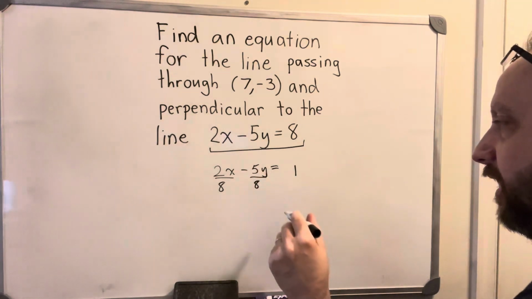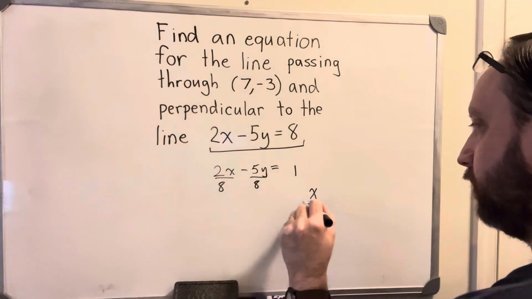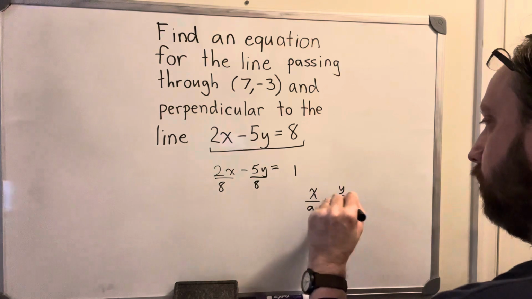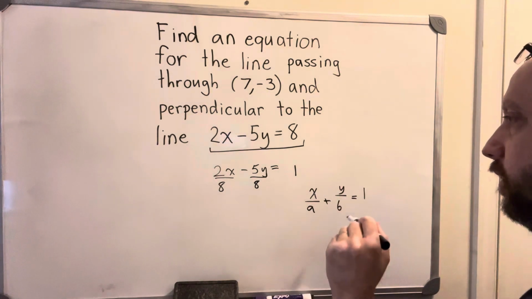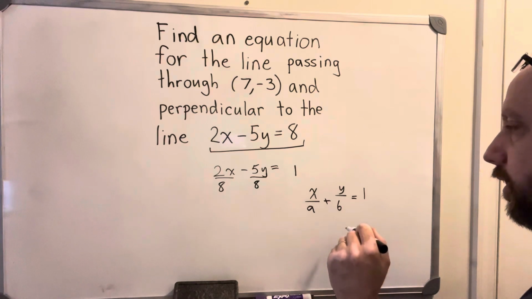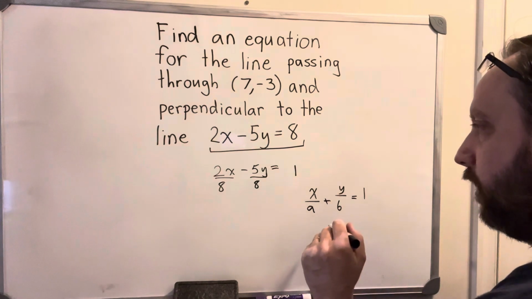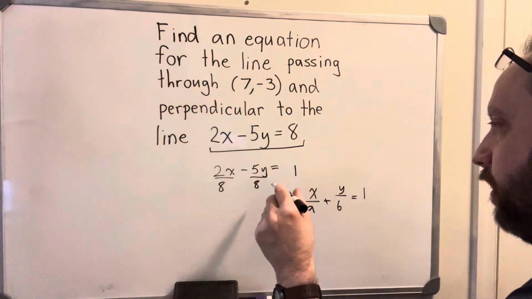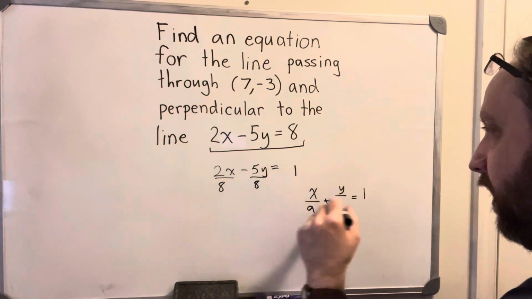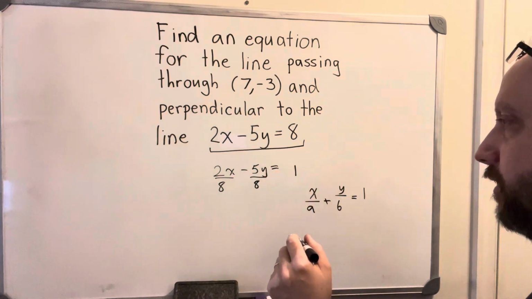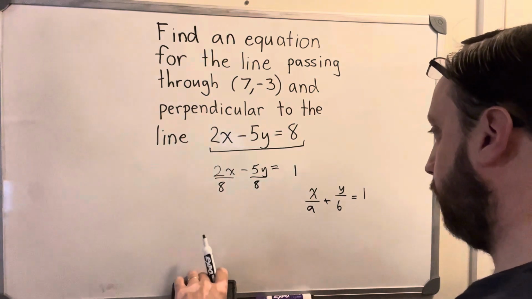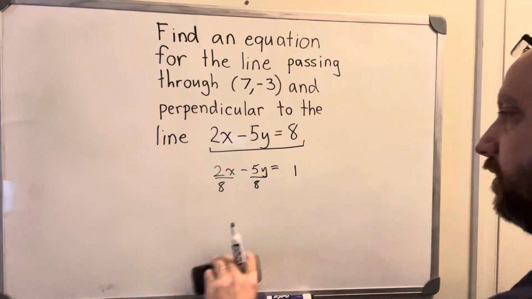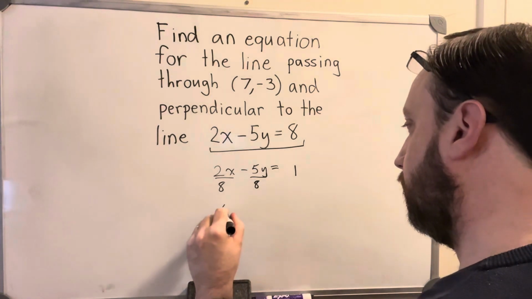But this isn't exactly in the form x over a plus y over b equals 1 just yet. See if you can pause the video and figure out what a and b are from this before you watch me do it.